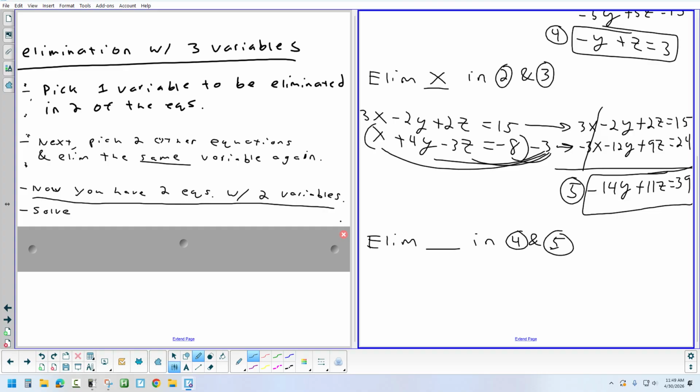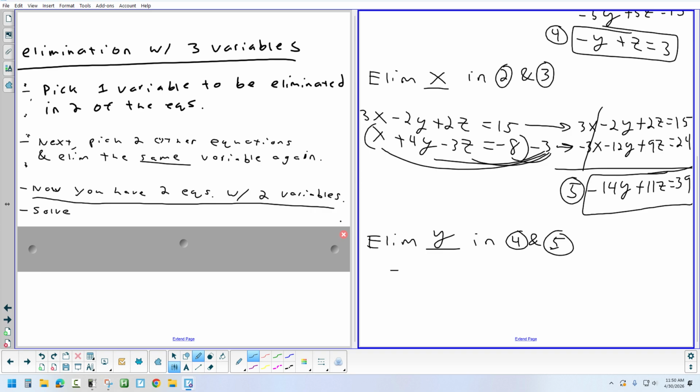Okay. What letter do we want to try to eliminate from 4 and 5? Yeah? Y. We want to eliminate y. Okay. Why? We can do y though. It's not a big difference because one's a negative 1, one's a positive 1. I would have gone with the positive one with the z, but that's fine.